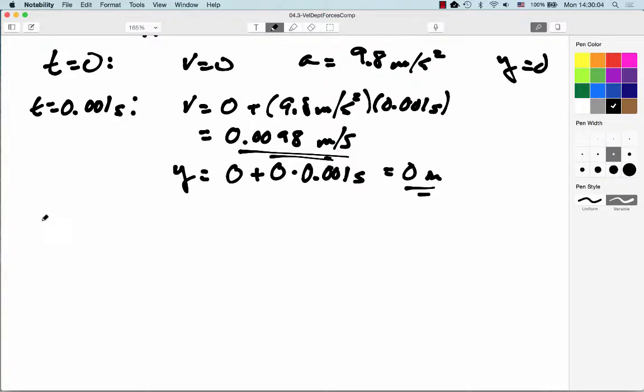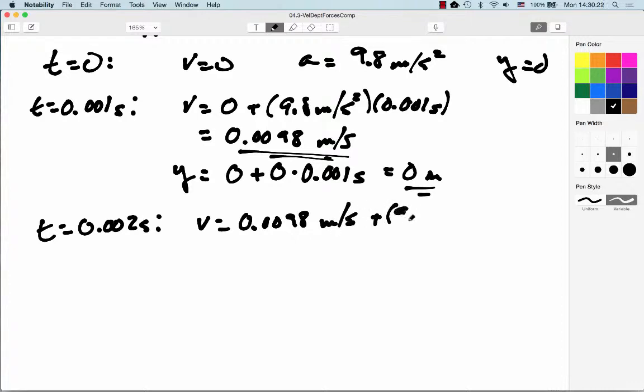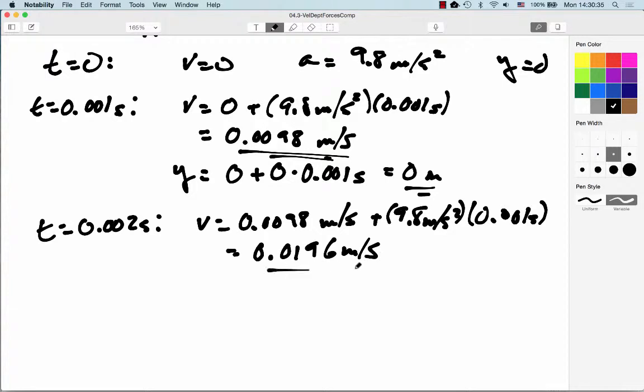All right, so we can then imagine going to 2,000ths of a second, and we play exactly the same game. So what's our new speed? Well, we take the old one, stick it in, 0.0098 meters per second, and then we take our acceleration, 9.8 meters per second squared, times the time difference, 0.001 seconds, and now we are at 0.0196 meters per second.